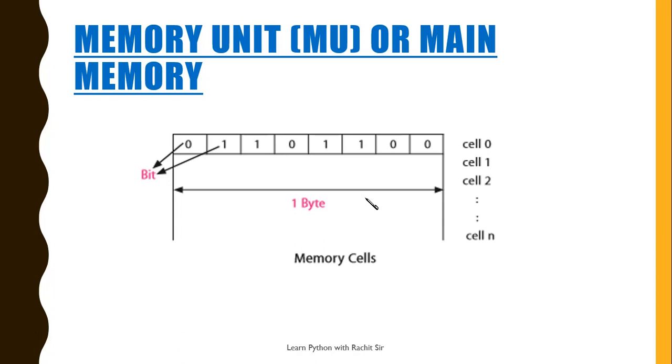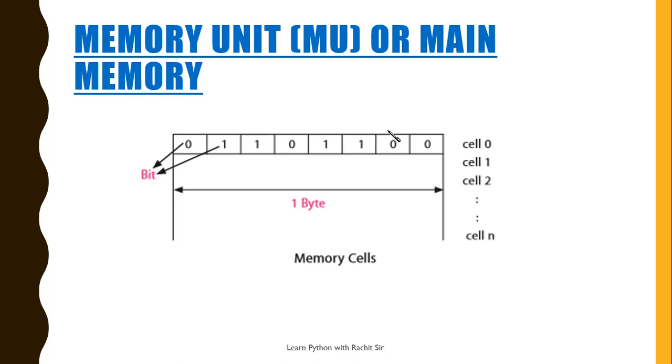Main memory, that is RAM, which is the primary memory of computer system, is composed of cells. These blocks are cells. A memory cell is a device that stores a single symbol selected from a set of symbols.